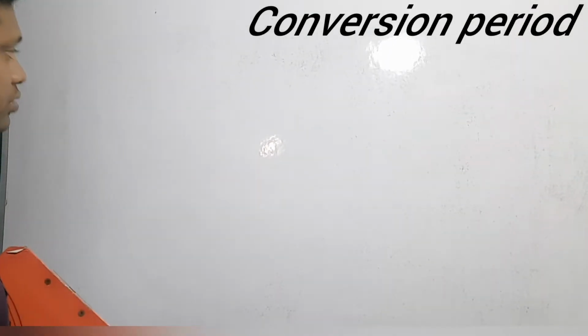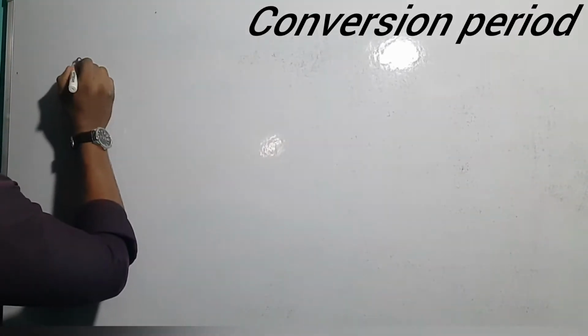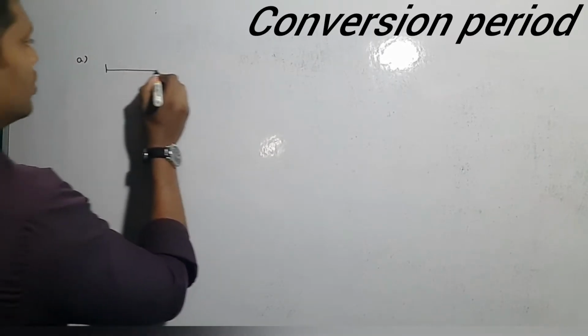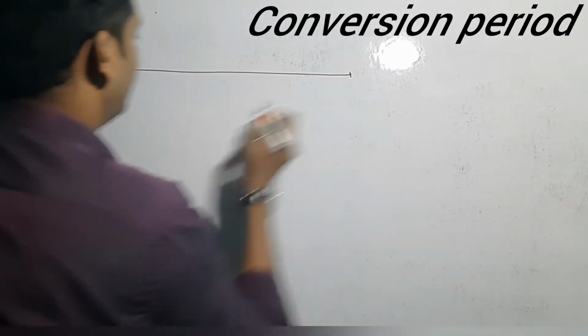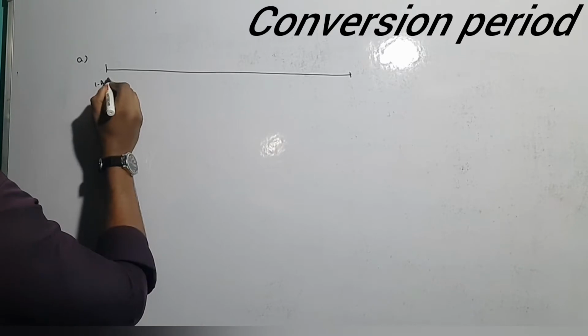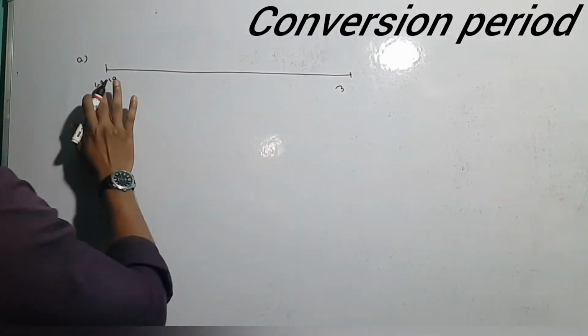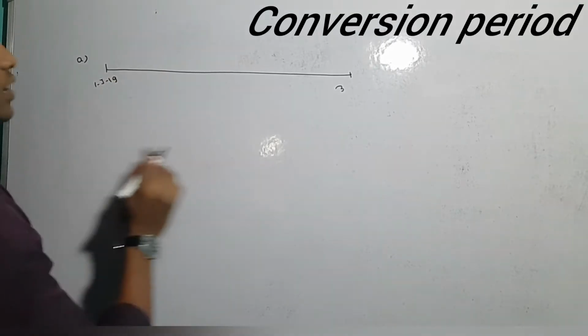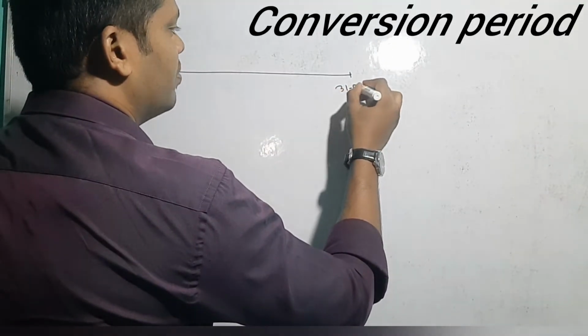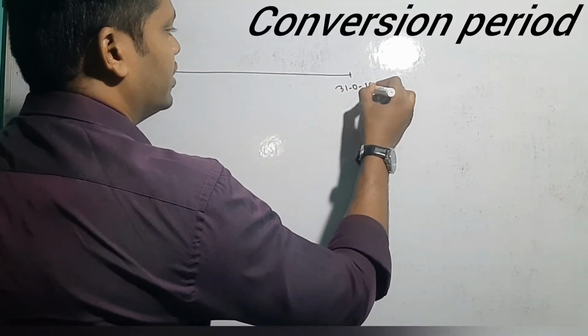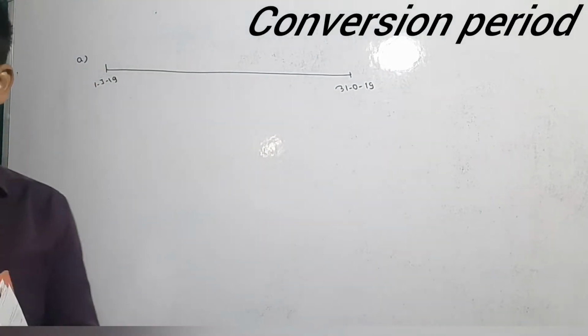See, for example, on this time axis, take 1st January 2018 here, and this is 31st December 2019. So the period is how much? Period is 1 year.